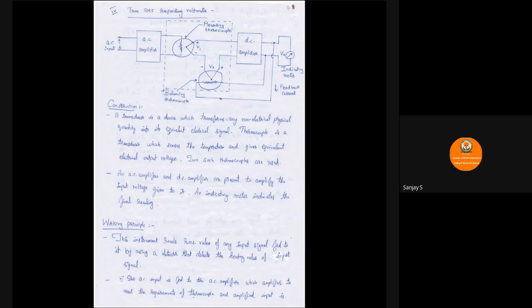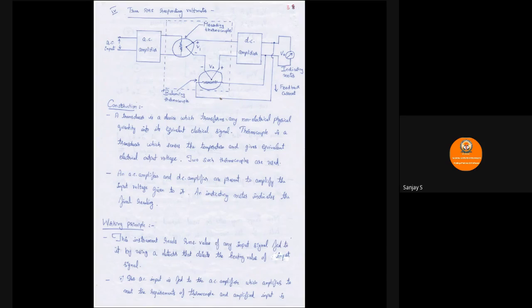The RMS value of any AC voltage waveform, or any sinusoidal wave, is the value of AC that is going to produce the same amount of heating effect as that produced by an equivalent DC signal. That is nothing but the RMS value of an AC signal. That AC RMS value we can measure using this instrument.